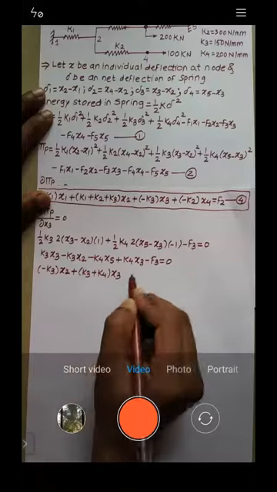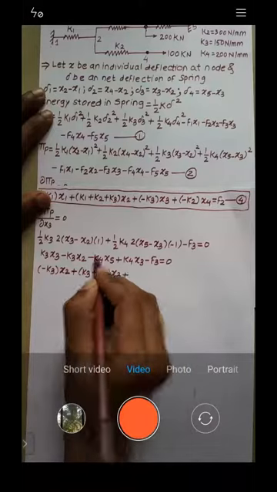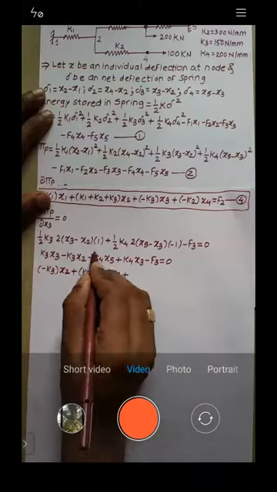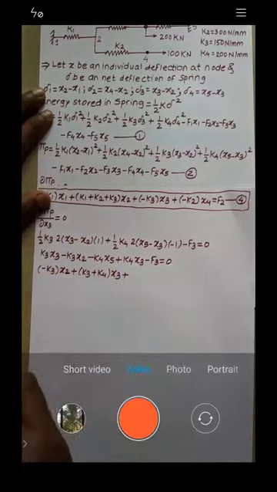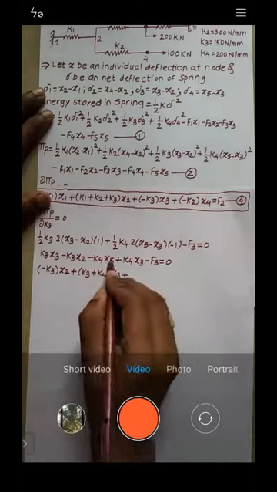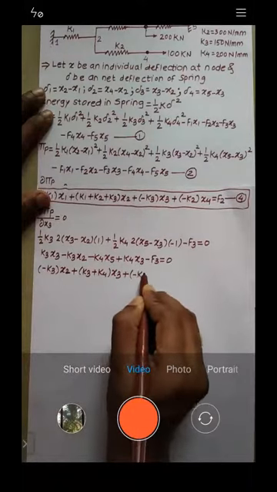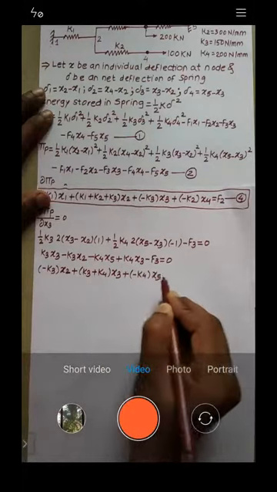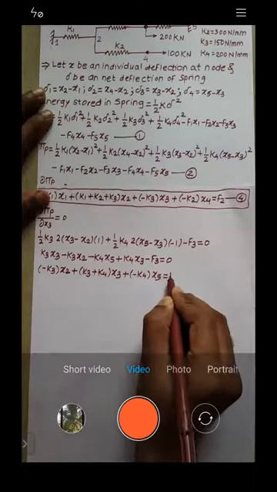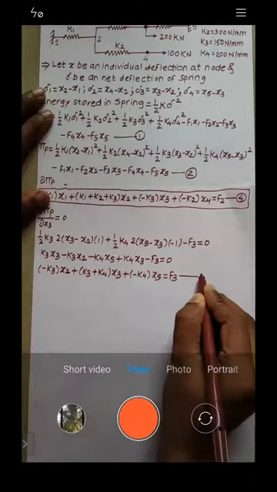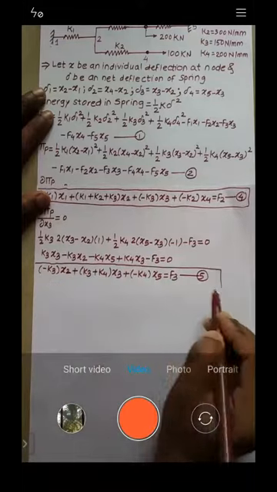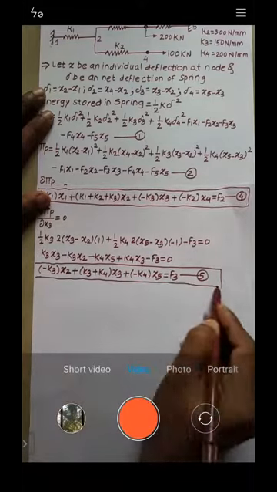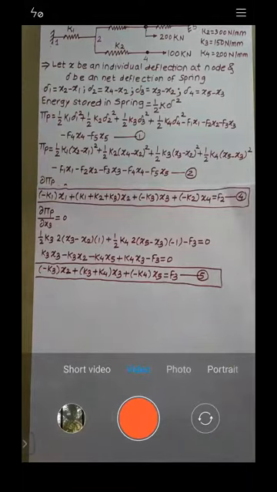Plus coefficient of x4. There is no coefficient of x4. Go for coefficient of x5. That is minus k4 x5, is equal to f3. So let me call this one more equation. This is equation number 5. Is it okay with this one?